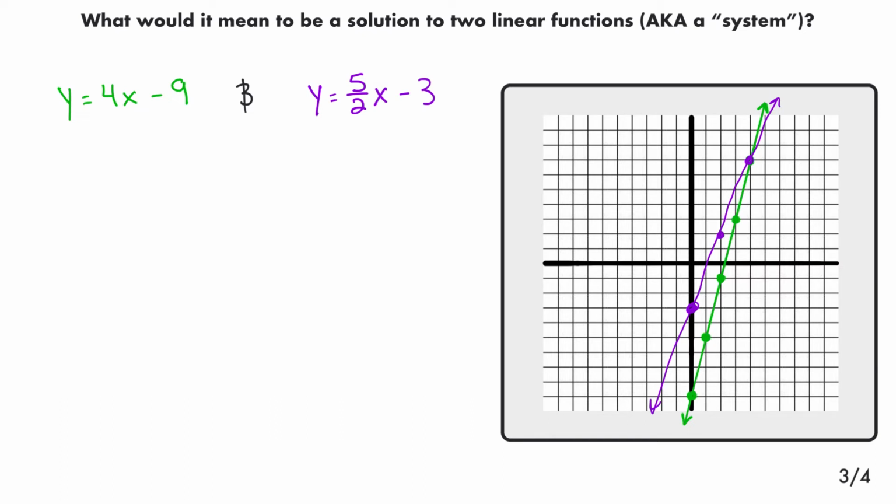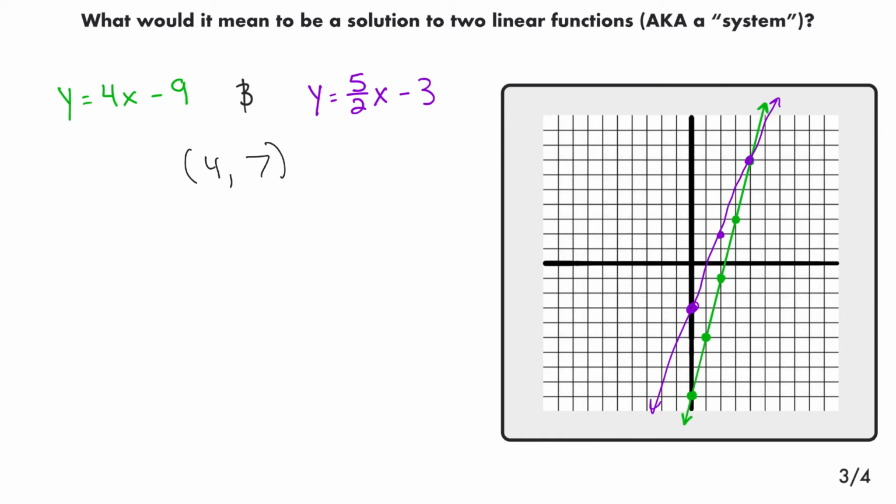This dot would be a solution to this equation. A solution to a system would be a dot that they both have in common. That is going to be where the two intersect each other. So in this case, it is at 4, 7.